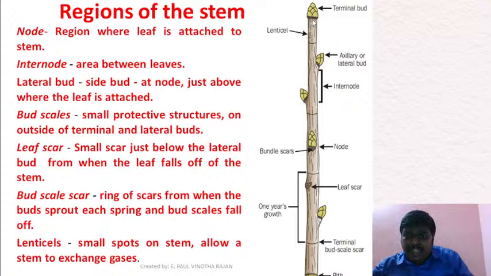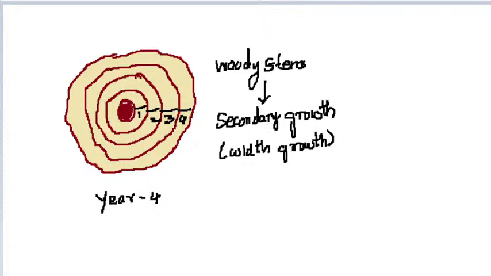And apart from that, in the stem we can see some small openings. Those openings we call lenticels. The openings present in the stems are called lenticels.